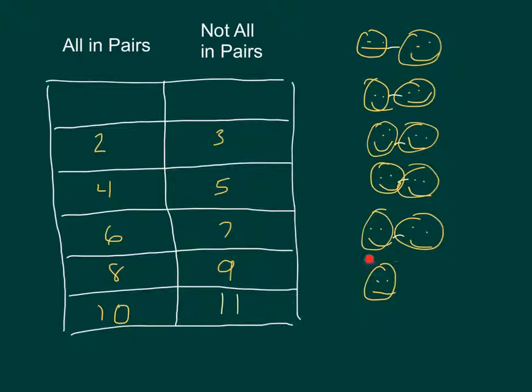When a smiley face could not be made into a pair, like I see here for 11, that's called an odd number. When I look at this part of my column, I see odd numbers because they were not all in pairs. So 3, 5, 7, 9, and 11 are all examples of odd numbers or numbers that are not in pairs.